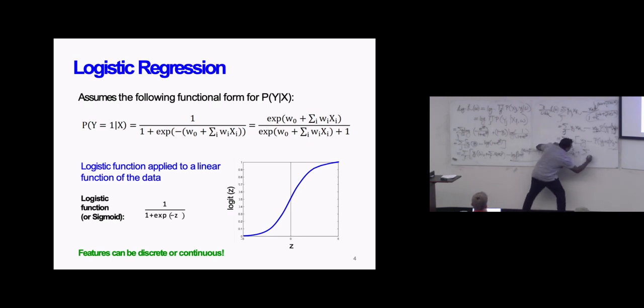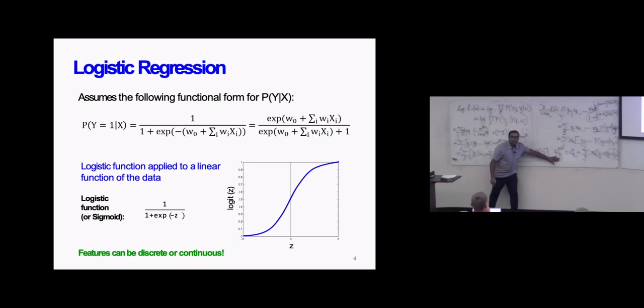This is how we are going to change it: the sum over j of xjk times yj minus probability of yj equals 1 given xj, w. This is our update formula.